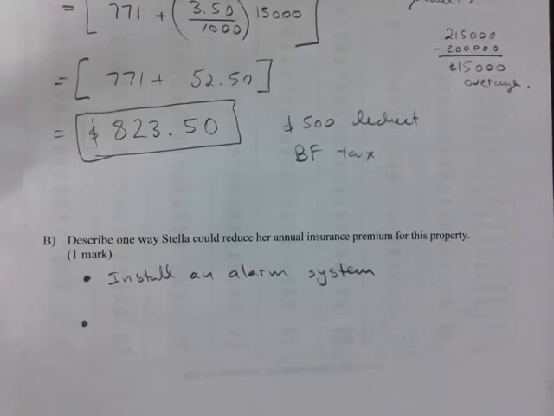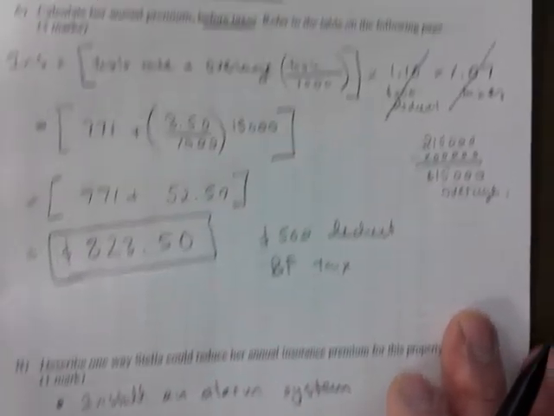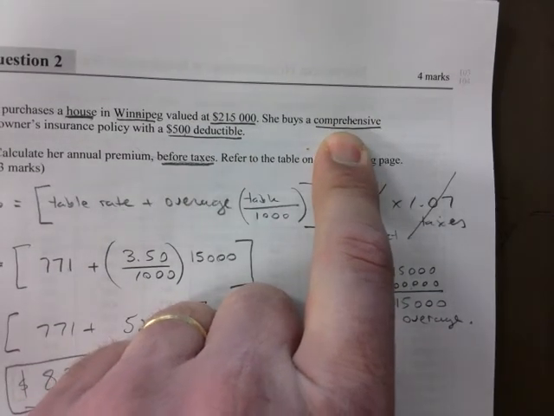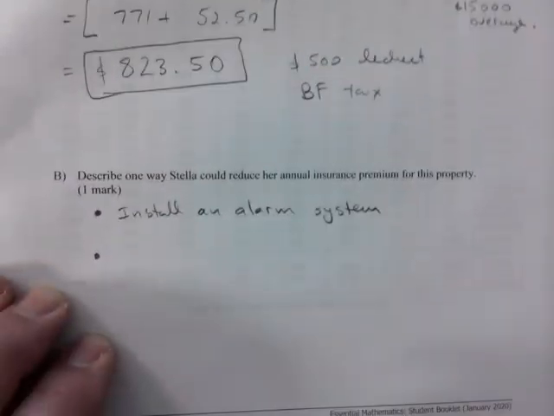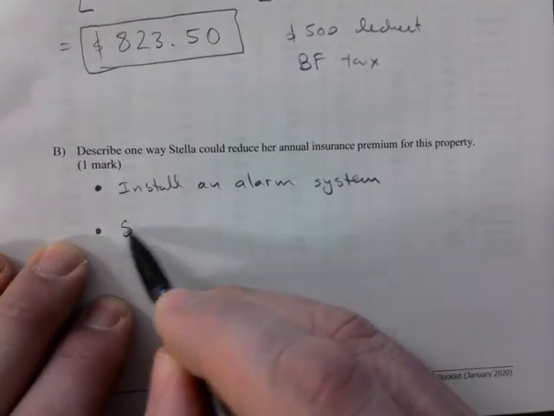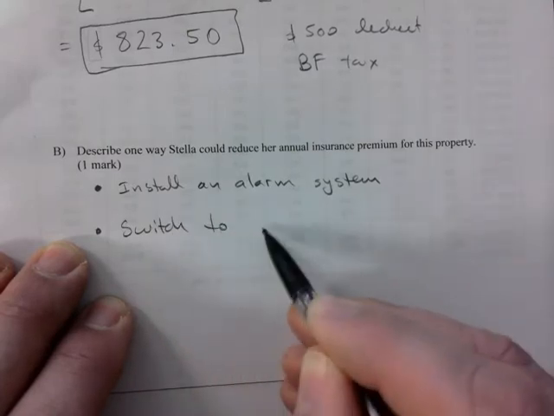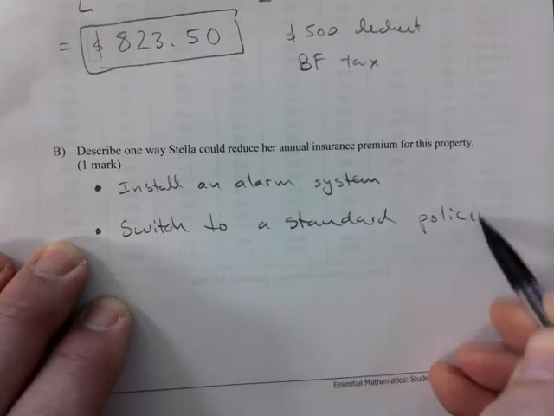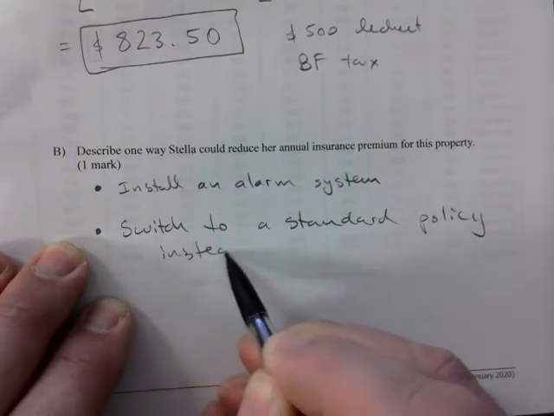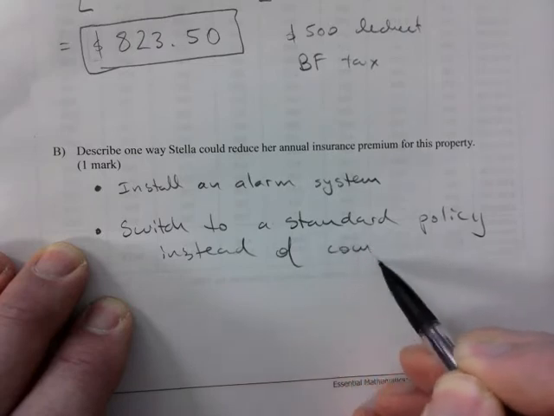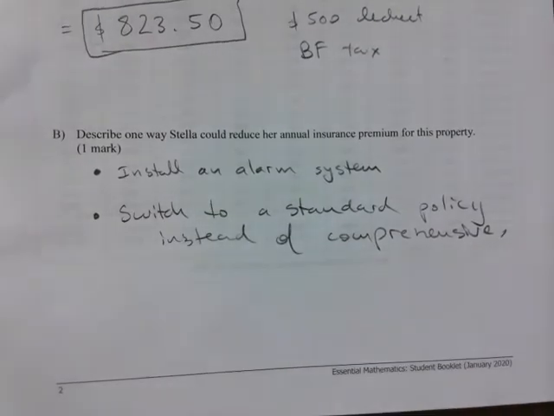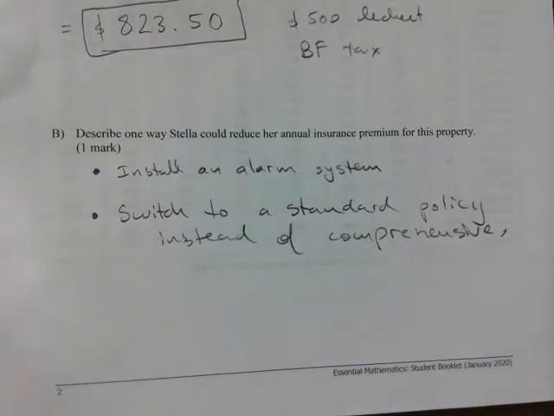In this case, Stella got a comprehensive. Standard would be cheaper, right? Switch to a standard policy instead of comprehensive. I'm just being specific so that I don't lose any half marks for not being specific, right?